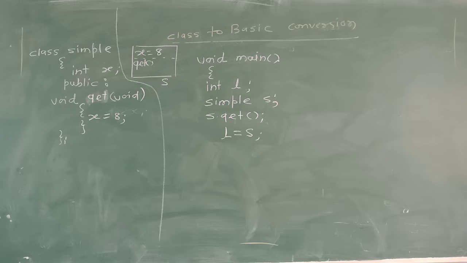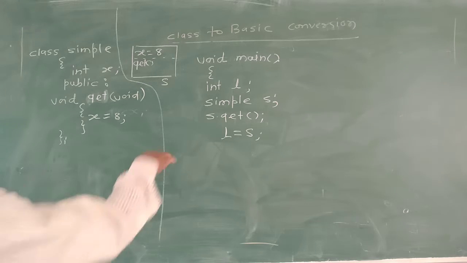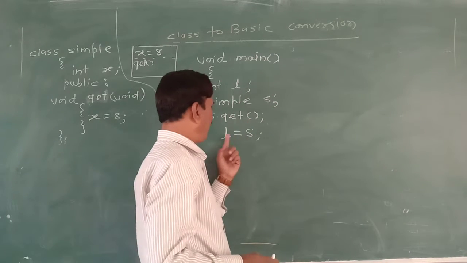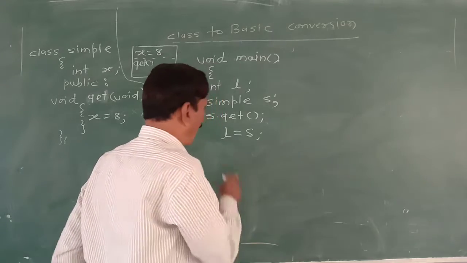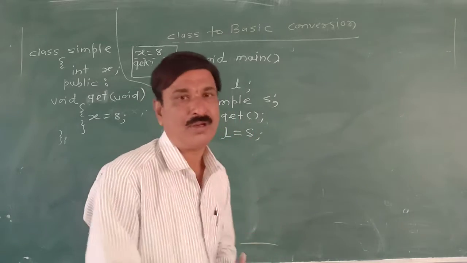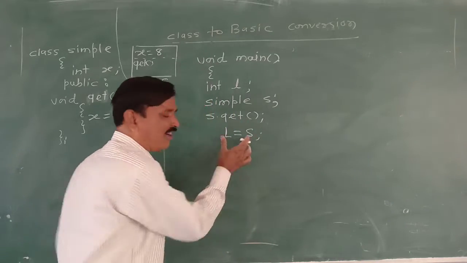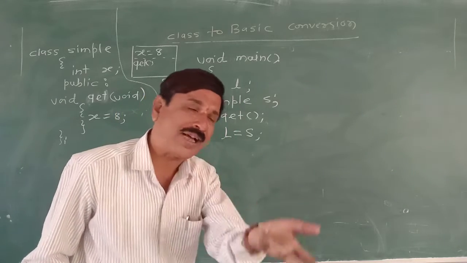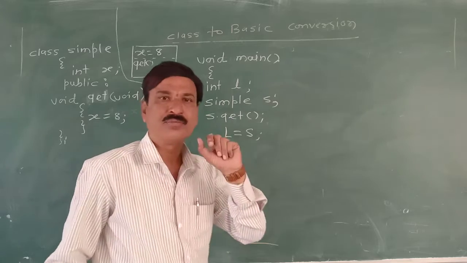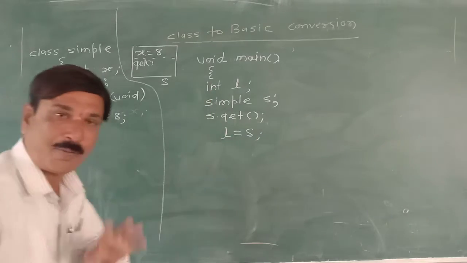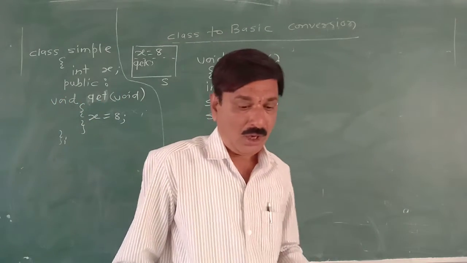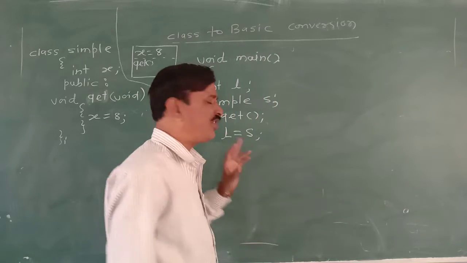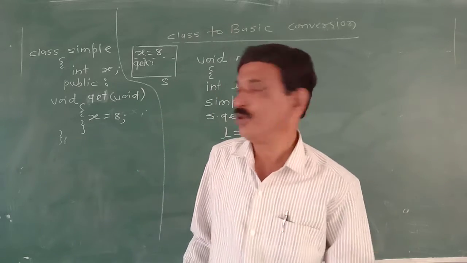As soon as this expression is encountered, the compiler searches whether there is any overloaded casting operator function. But there is no overloaded casting operator function, and we have seen class to basic conversion is accomplished by an overloaded casting operator function.